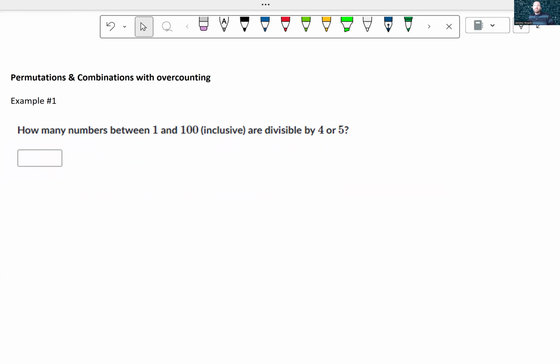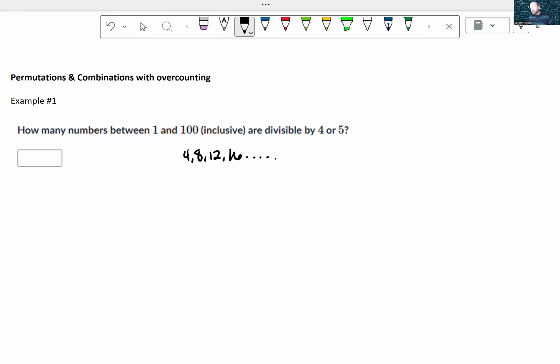Okay, so let's look at this first example. It says how many numbers between 1 and 100 are divisible by 4 or 5? So first we have to figure out how many numbers are divisible by 4. If we want to figure out the multiples of 4, we could write 4, 8, 12, 16, and we could write our list all the way to 100.